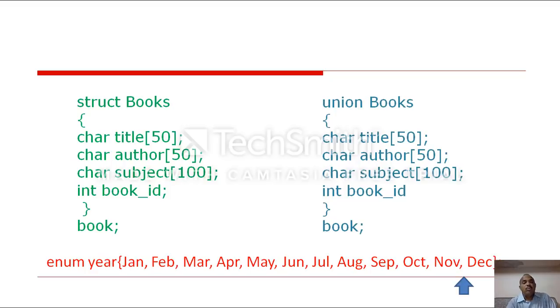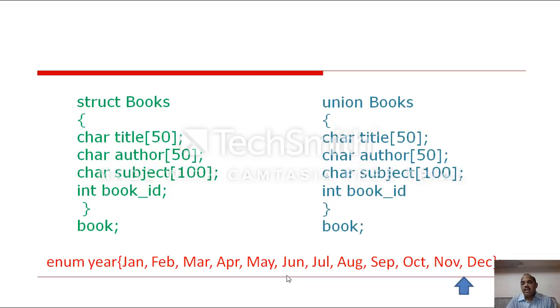Here the structure book occupies the memory of the total members of the structure books. Total how many? 202 bytes are occupied by the book variable. Whereas in unions, this book occupies 100 bytes of memory only. That is the difference. How?